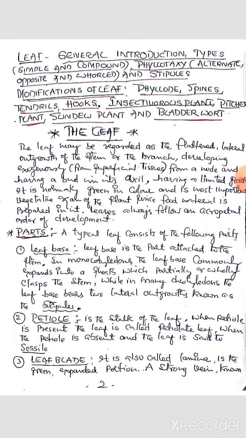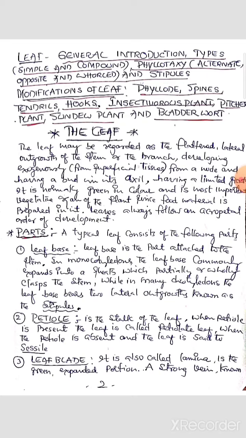And the second one is the petiole. Petiole is the stalk of the leaf. When petiole is present, the leaf is called a petiolate leaf. When the petiole is absent, the leaf is said to be sessile.